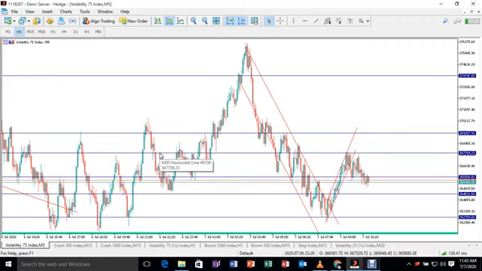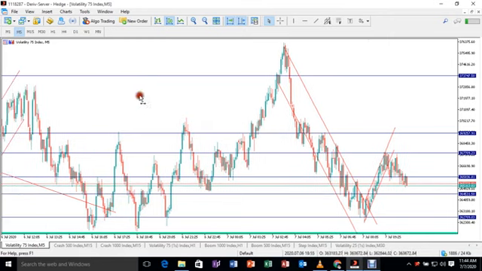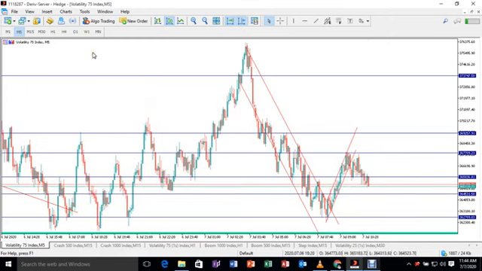Alright guys, good morning. So in this video I'll be explaining some fundamental things on how to trade the binary market. Like you can see on my chart here is the volatility 75.